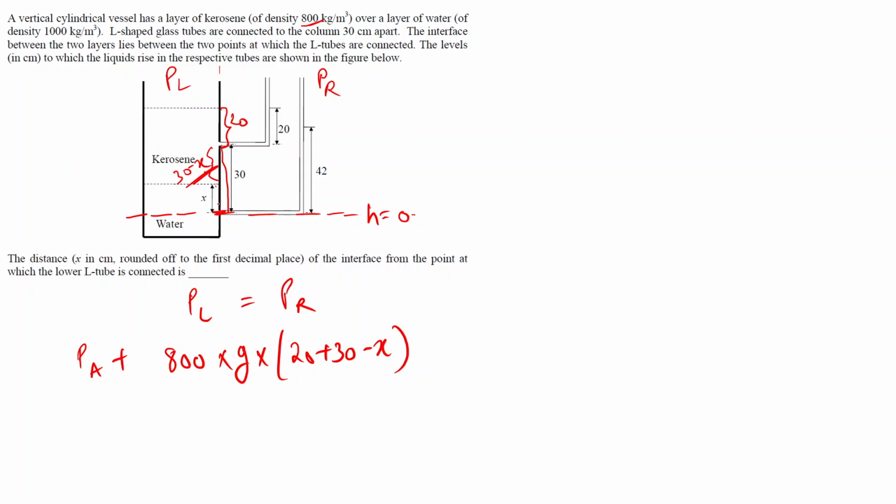and then the pressure due to the presence of water. The density of water is 1000 kg per meter cube, so 1000 into gravitational constant g into height of x. And on the left hand side, we are having water filled up to this height of 42 centimeter.